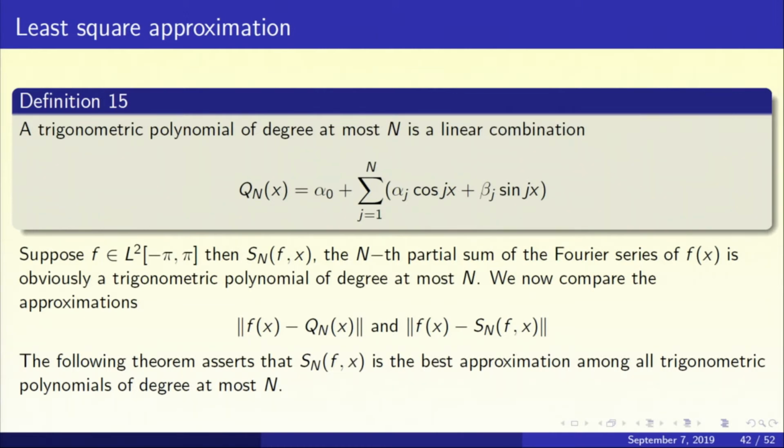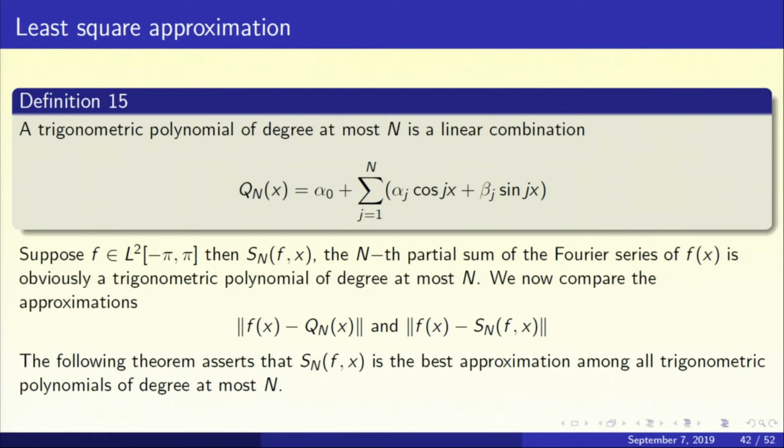Alpha naught plus summation j from 1 to n of alpha j cos jx plus beta j sin jx. That expression has been denoted by Qn(x). Qn(x) is called a trigonometric polynomial of degree at most n. So that's a definition of trigonometric polynomial.